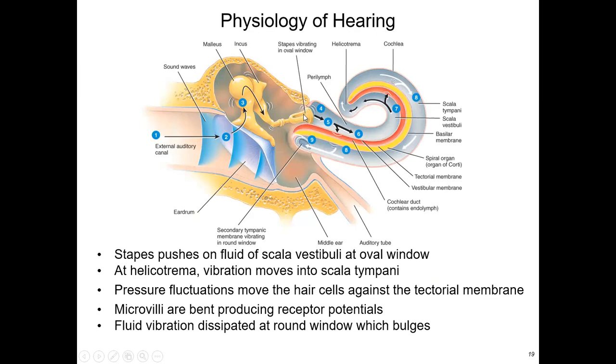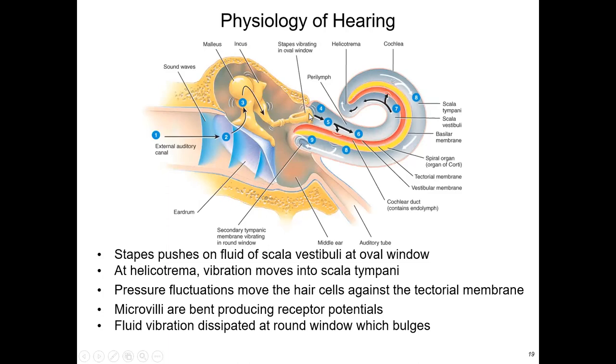And then what the stapes, what the stirrup does, it taps this vibration into the liquid-filled portion of the cochlea, starting with the scala vestibuli. And then this pressure wave at the top of the snail moves over to the scala tympani, and the pressure wave rumbles out of the cochlea at this oval window. I'm sorry, it's a round window.